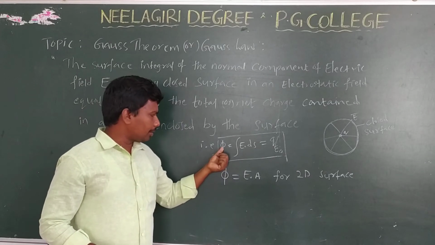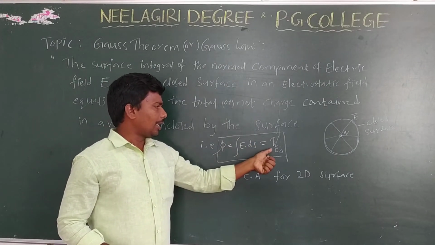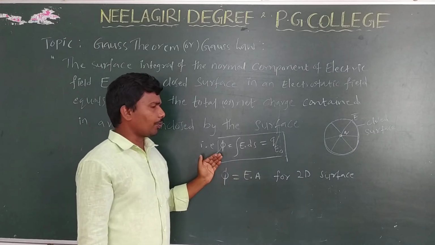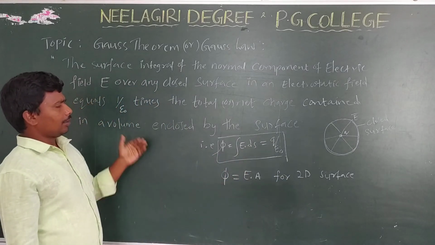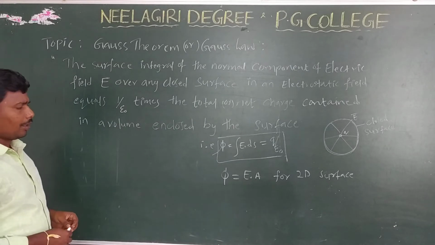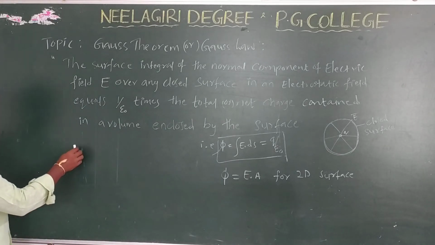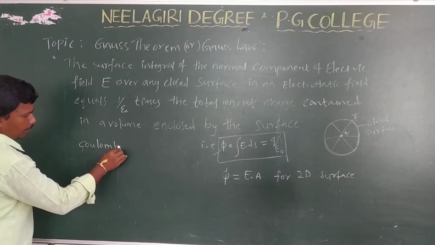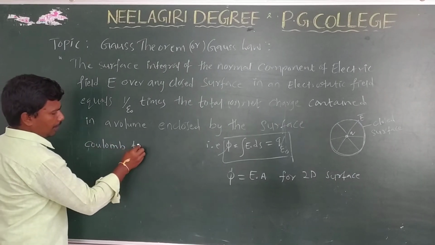So how do we get phi is equal to q by epsilon naught? We see the proof from Coulomb's law. Here we consider Coulomb force law.